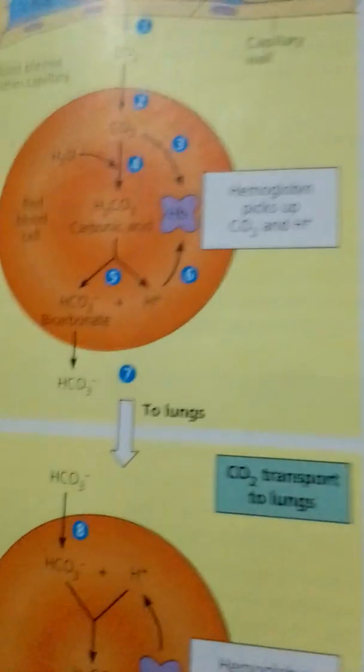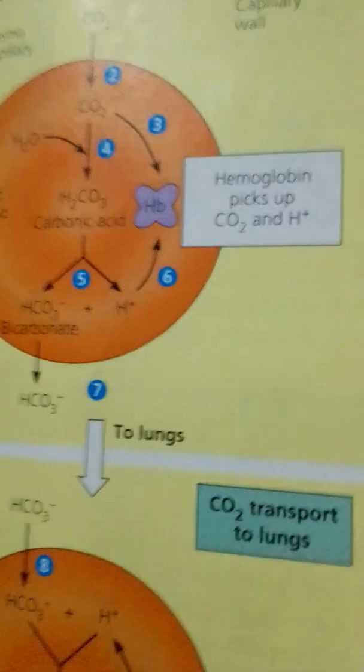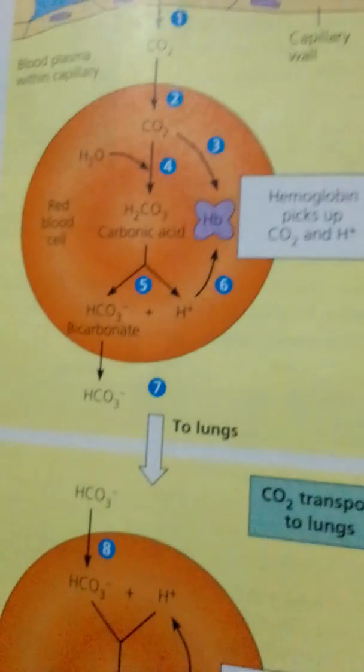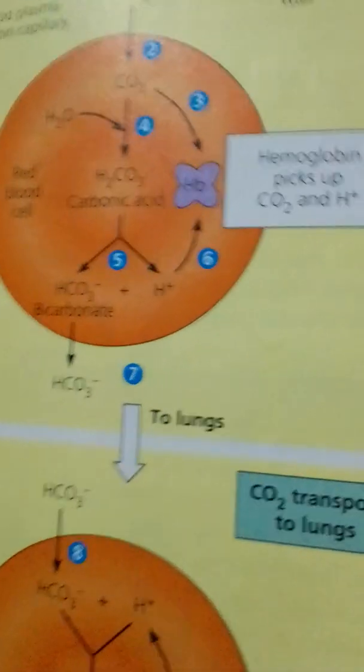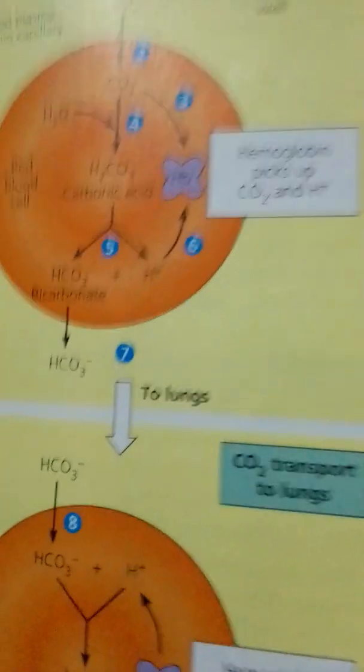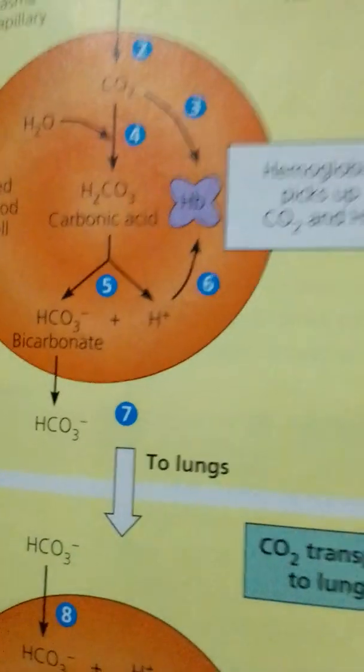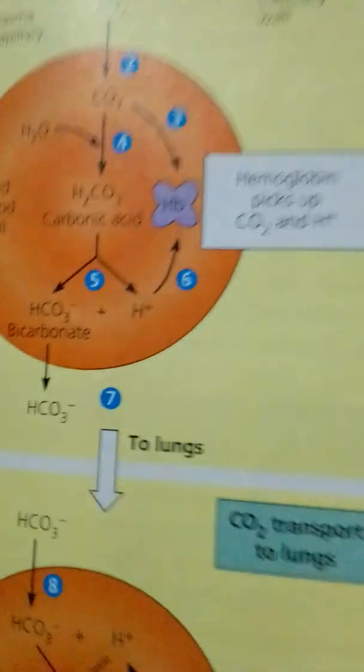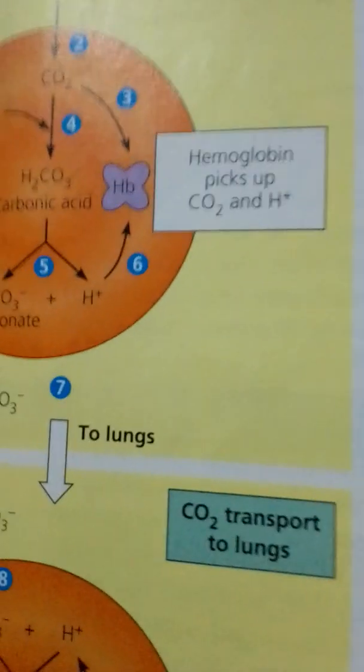Carbon dioxide from respiring cells diffuses into the blood plasma and then into the erythrocytes. The CO2 first reacts with water, assisted by the enzyme carbonic anhydrase, and forms H2CO3, which then dissociates into a hydrogen ion, H positive, and HCO3 minus.